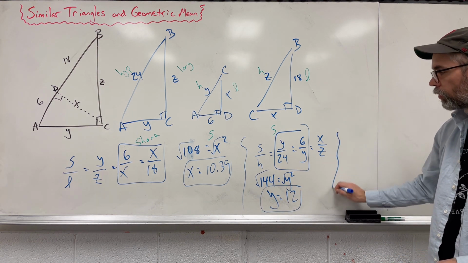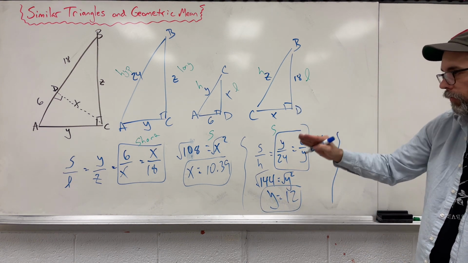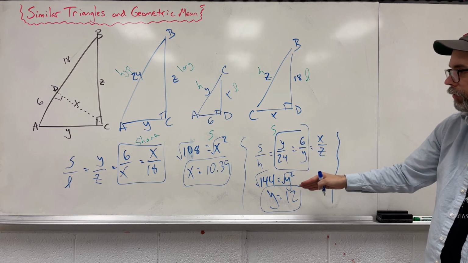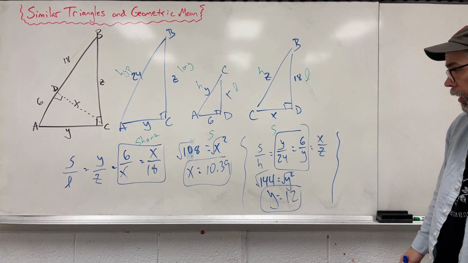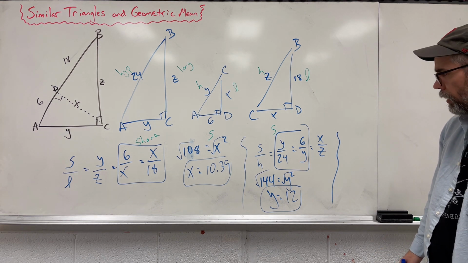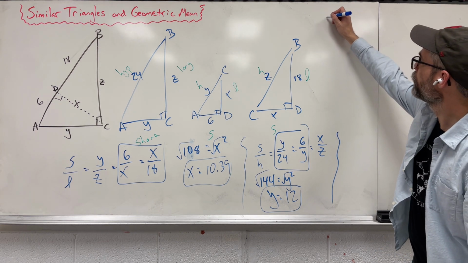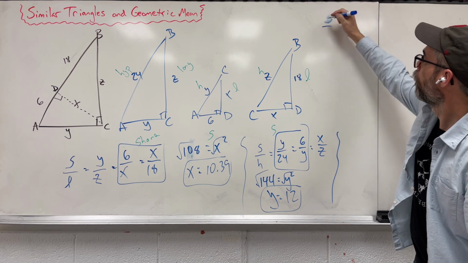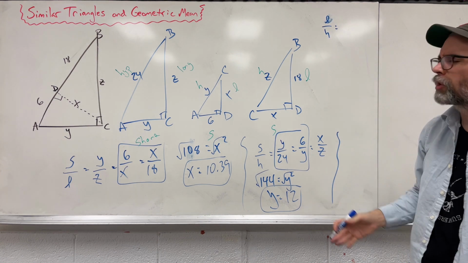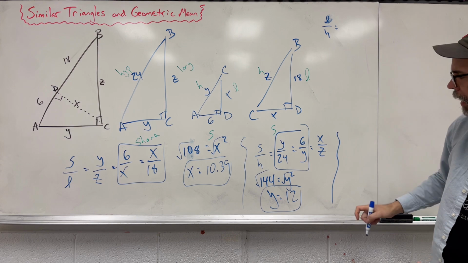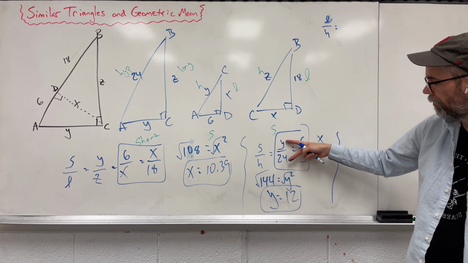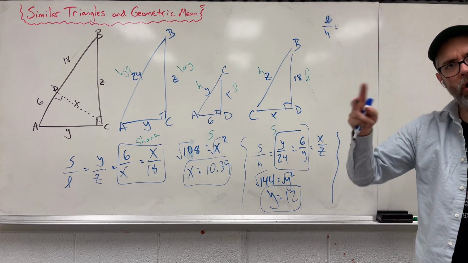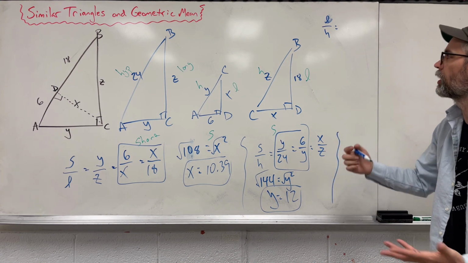We need to do this one more time. So we did short over long, short over hypotenuse. What's the other combination of two sides? Long and hypotenuse. So we're going to say long over hypotenuse. It doesn't matter whether you have short over hypotenuse or hypotenuse over short, as long as these three fractions are all in that same position.